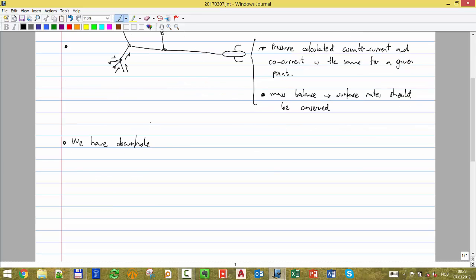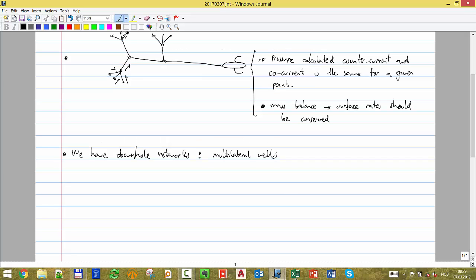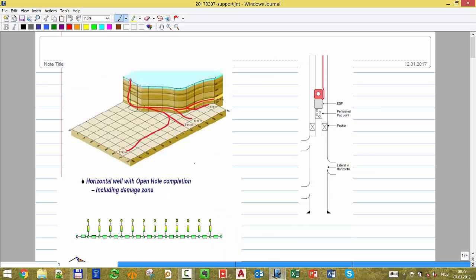So we also have downhole networks, and some natural examples are multilateral wells. I have a nice picture to show it.